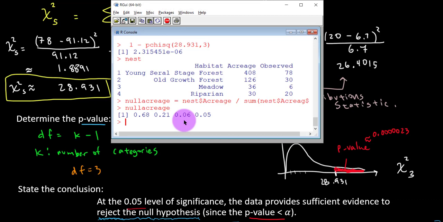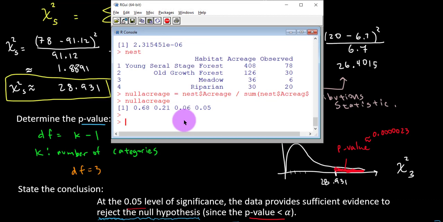The way that this is typed for the chi-square test, it is chisq.test. The first input is our observed values, so I will do nest$observed, and there's a comma. The second input requires p equals, and this is where we will put that vector of the fraction that each habitat takes up.